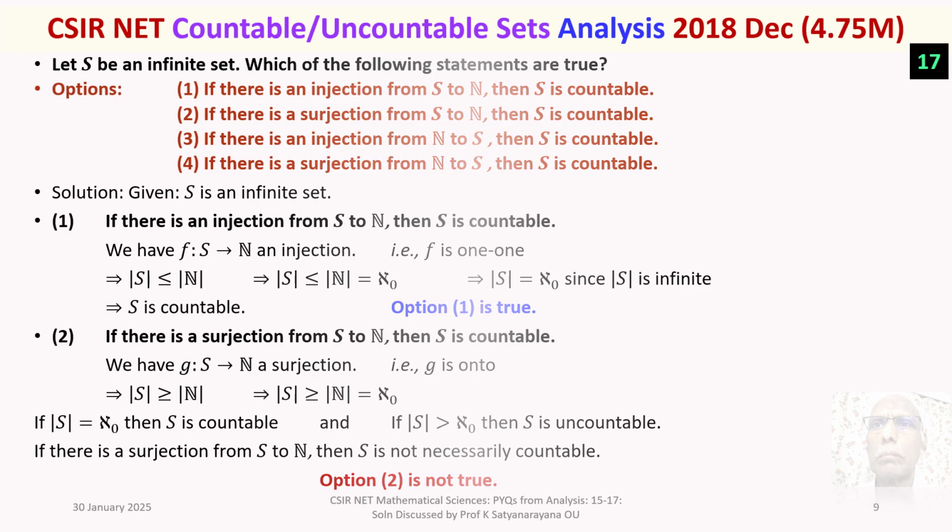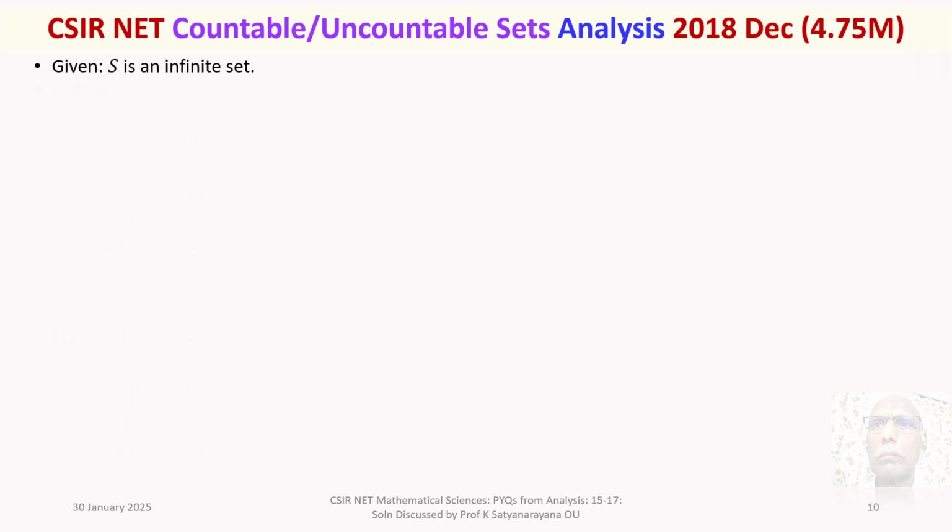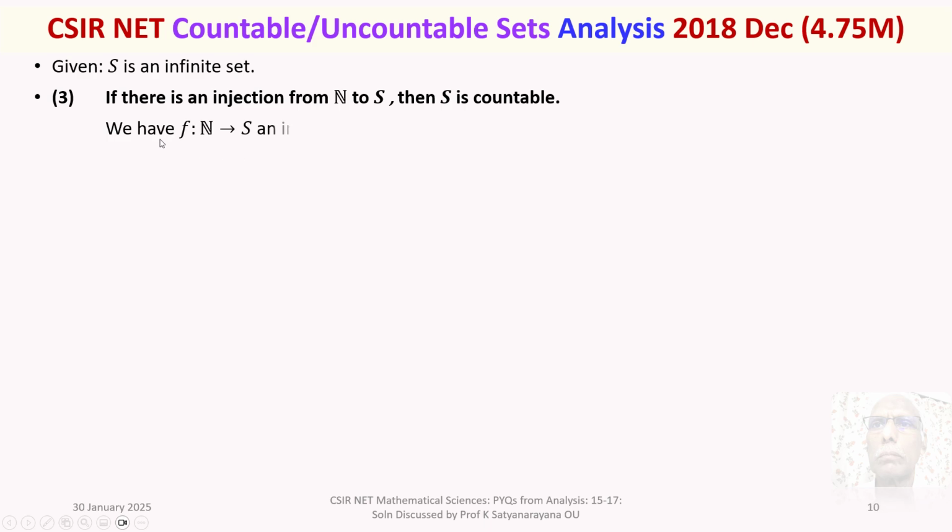We move to the next slide. Remember, S is an infinite set. Consider option 3. If there is an injection from N to S, then S is countable. We have a function f from N to S, an injection, means f is 1 to 1.